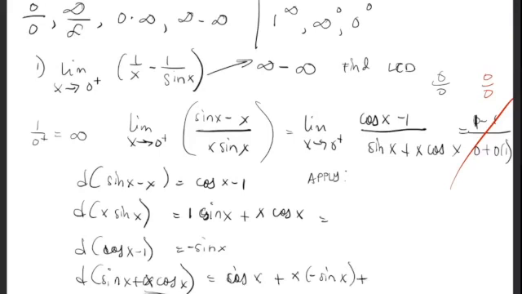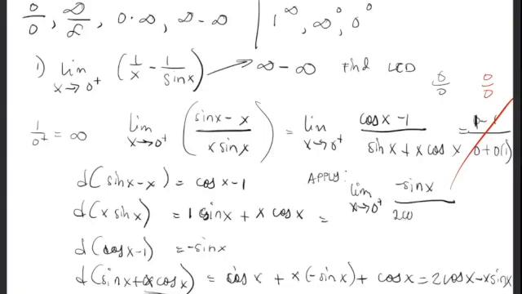Plus, tama yung sinabi mo. 2 cosine of x minus x sine of x. Okay. So, we now have a limit as x approaches 0 from the positive side. Ang numerator natin is negative sine of x. Ang denominator natin is 2 cosine of x minus x sine of x now.